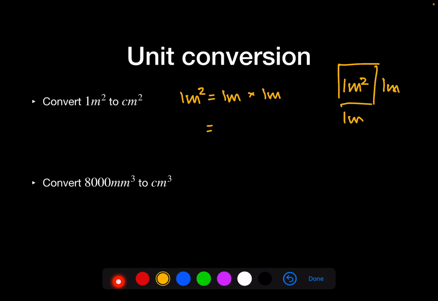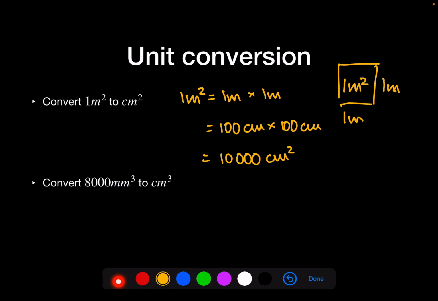It's important to split it up like this first so that it's easier for us. So now we can just turn them to centimeters one by one. So 1 meter is just 100 centimeters, and 1 meter is again 100 centimeters. So you take 100 times 100, that gives you 10,000 square centimeters. So that's the answer for the first part.